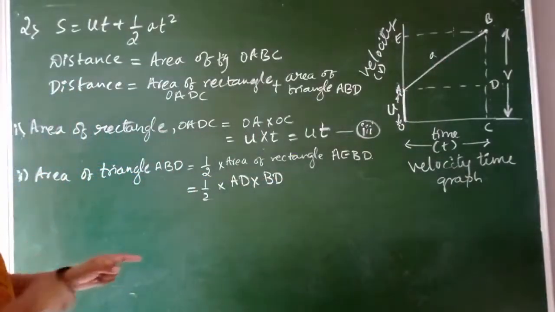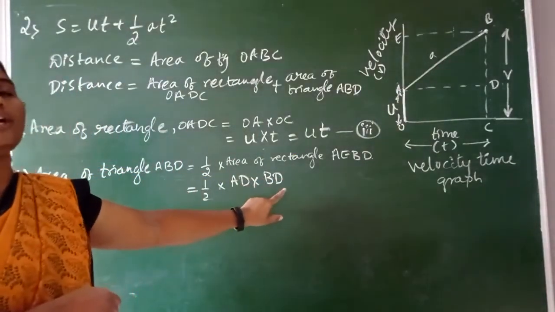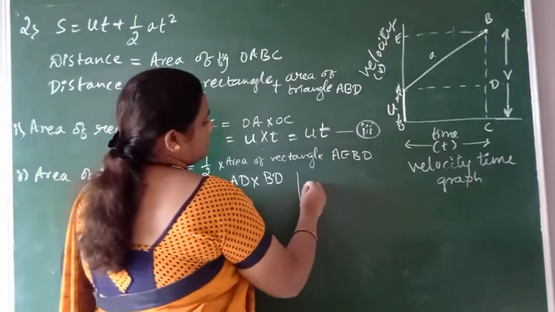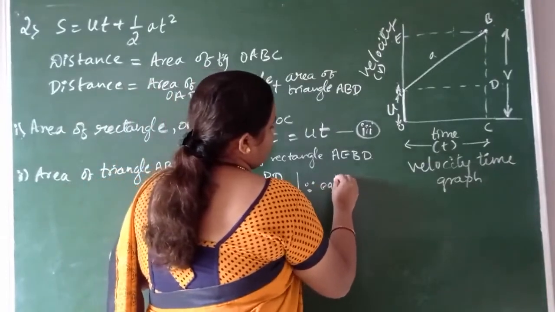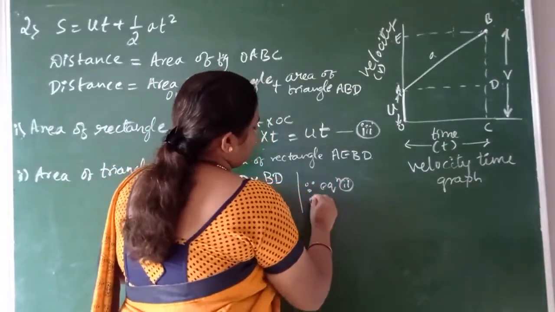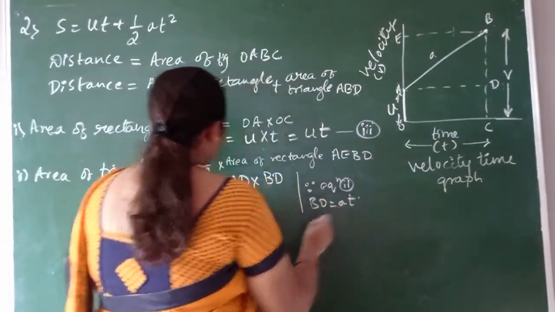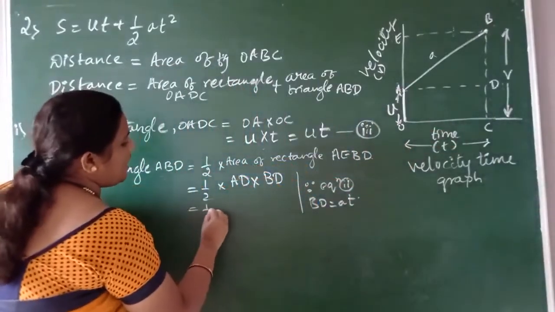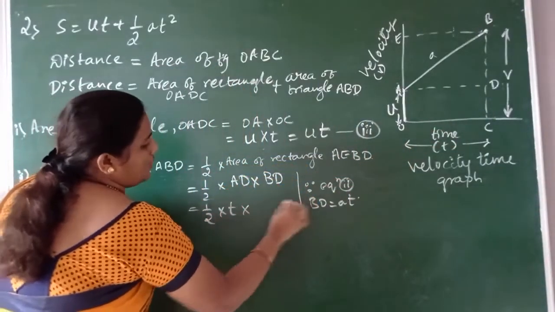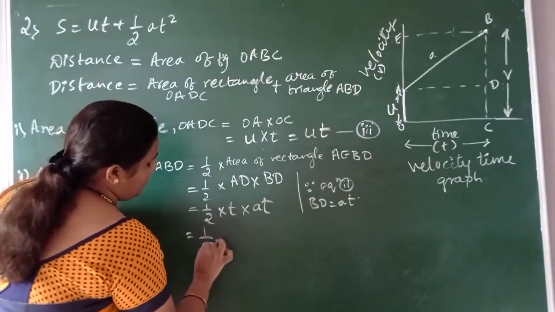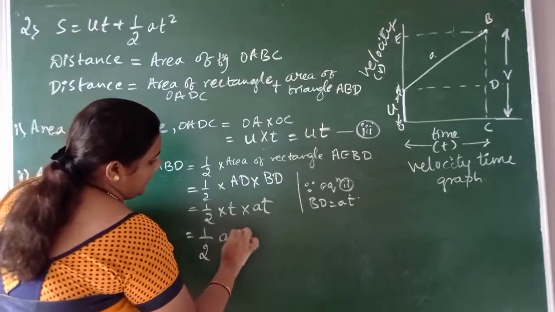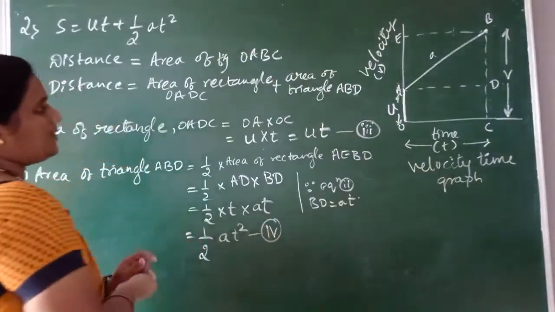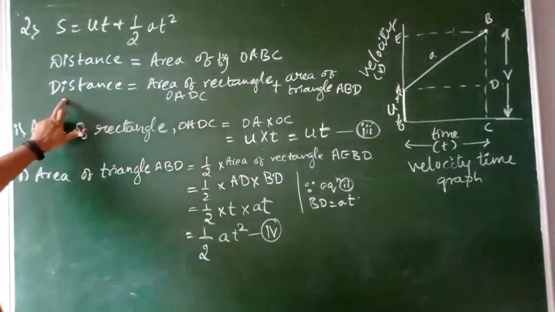From the first equation we found that BD is nothing but A into T. And what is the AD value, which is parallel to OC? It is T. So the area is half into T into AT, which is half into AT square. This is 4.